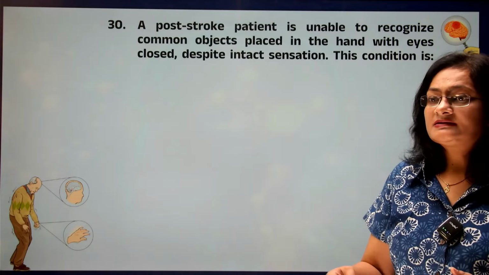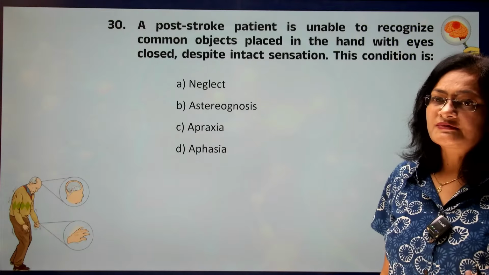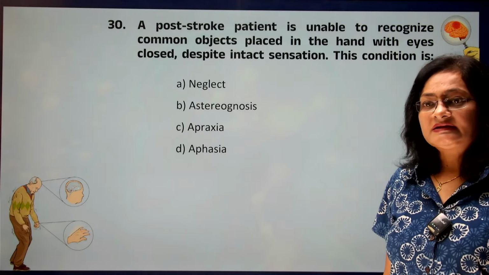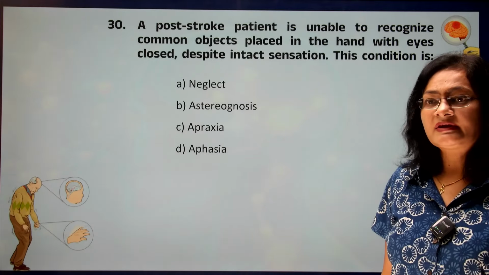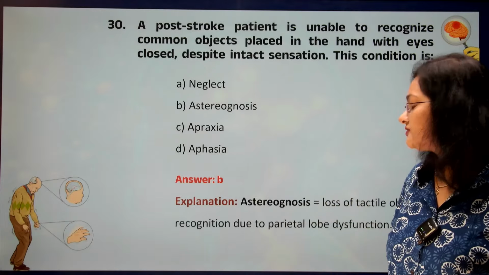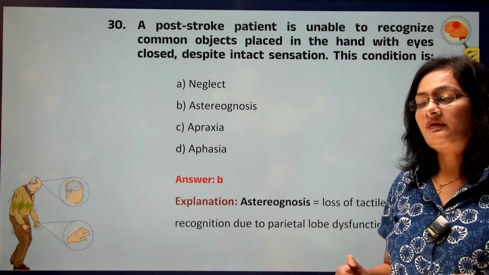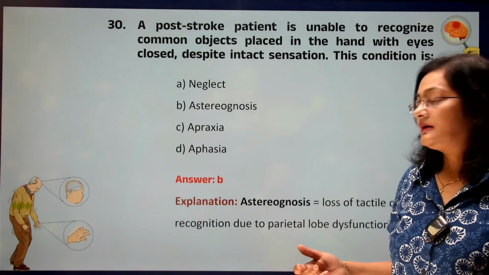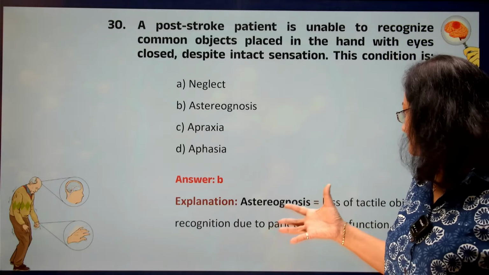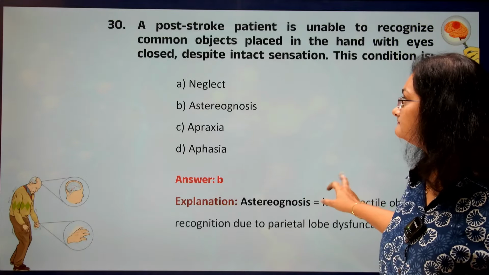It is known as astereognosis. So the options are neglect, astereognosis, apraxia and aphasia. The answer will be astereognosis, where the patient has difficulty in identifying the object despite intact superficial sensation.